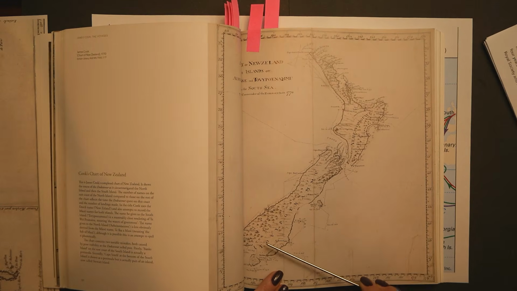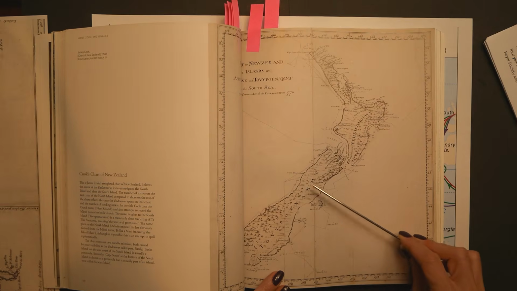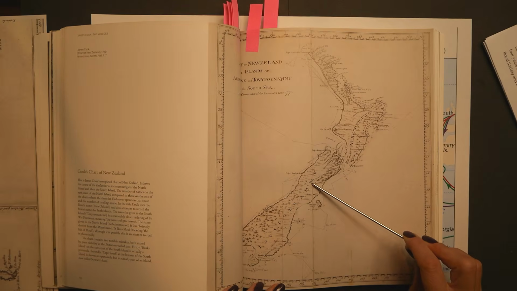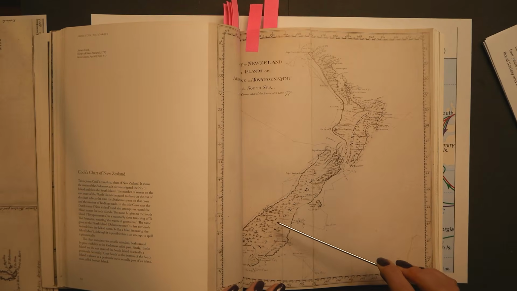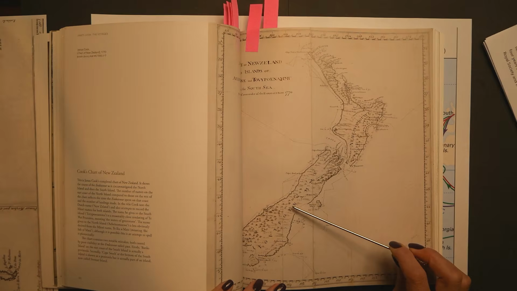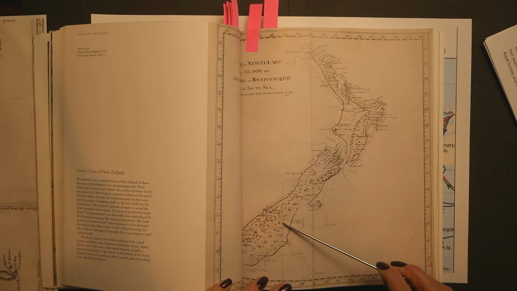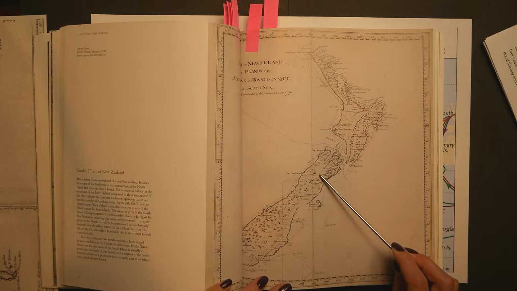The other mistake is with the name of the islands. This name was put down more or less correctly because the South Island is called Te Waiponamu, so we can see some similarities in how it is written.